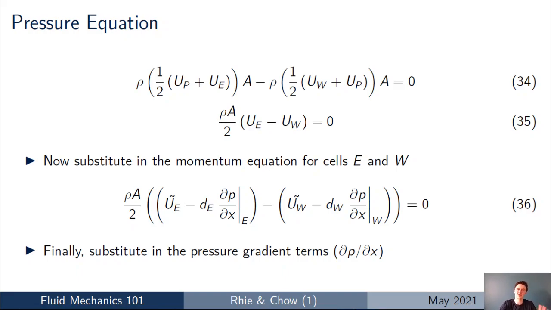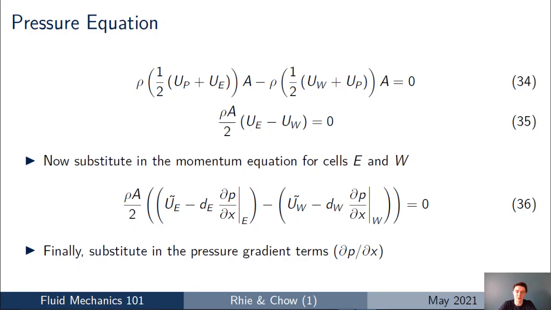But the final thing we can do here is substitute into the continuity equation the momentum equation that we derived before. For those of you who've seen my talks on the SIMPLE algorithm and the PISO algorithm, you'll recognize that this is what we always do to derive an equation for pressure or the pressure correction. We substitute the momentum equation into the continuity equation, and this allows us to arrive at equation 36.